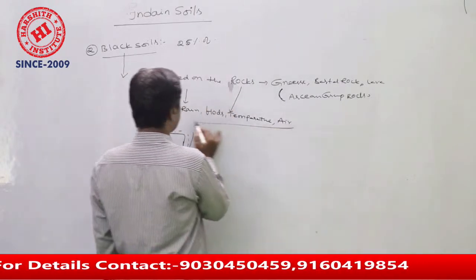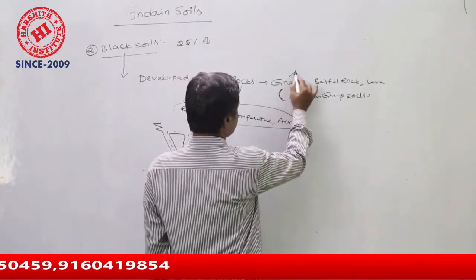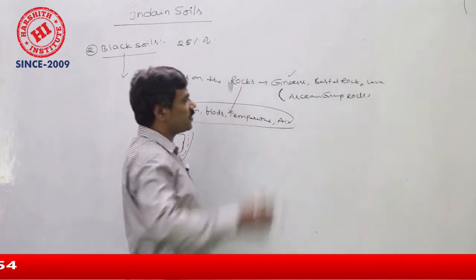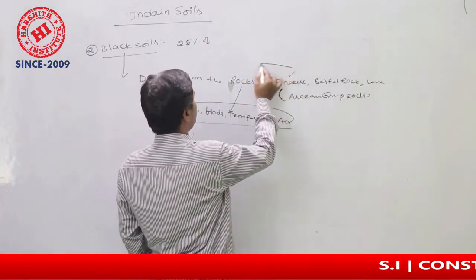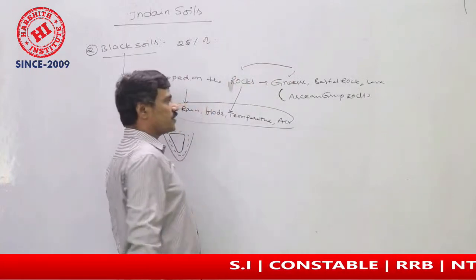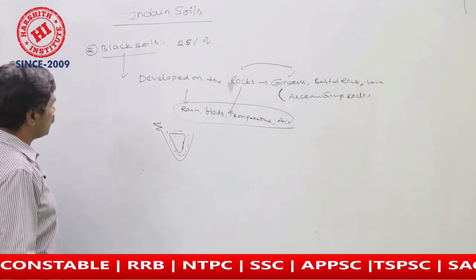By these outer forces acting on the gneiss, basalt and lava rocks, the rocks erode through the weathering process, and finally they are converted into black soils.